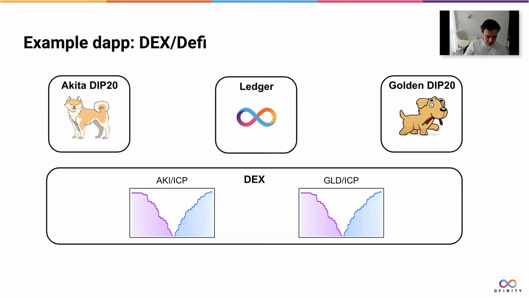First, on a high level, this is the setup we have. We have four canisters in our example: some token canisters, the ledger canisters, and mainly our DEX canister.